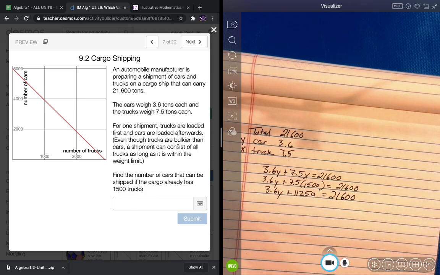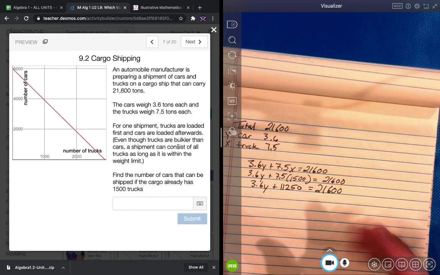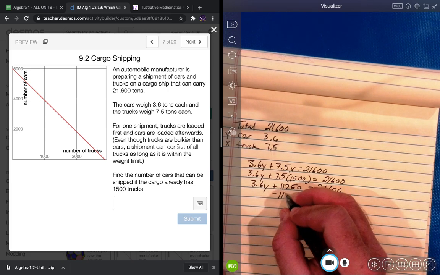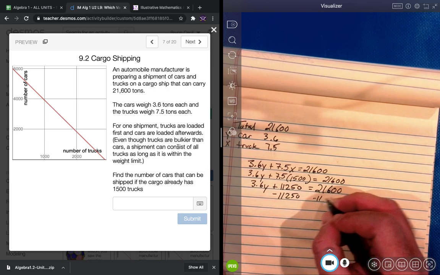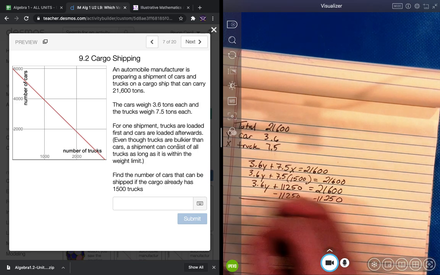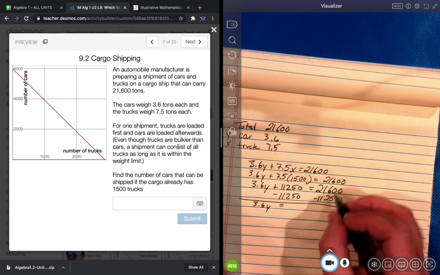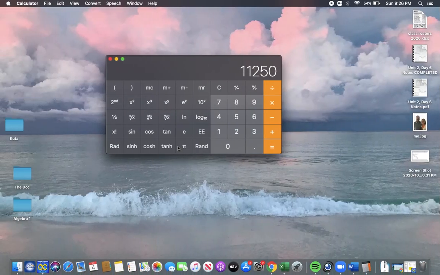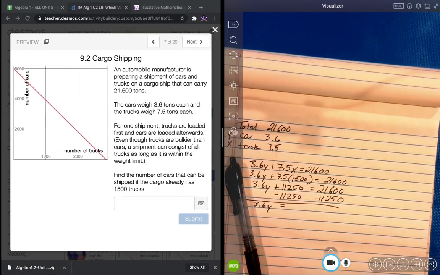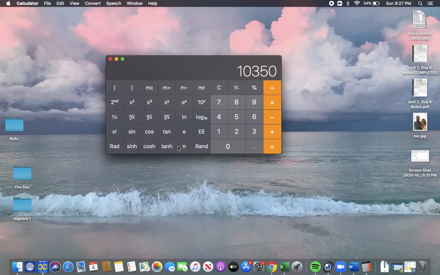Okay, now what is our next step? We're going to subtract 11,250. That's going to give 3.6y equals, and let's go ahead and subtract this. So it was 21,600 minus 11,250, and you see that we have 10,350.